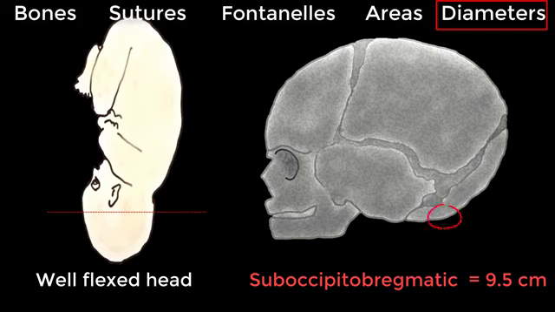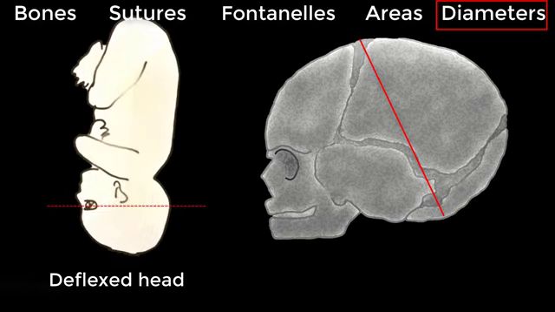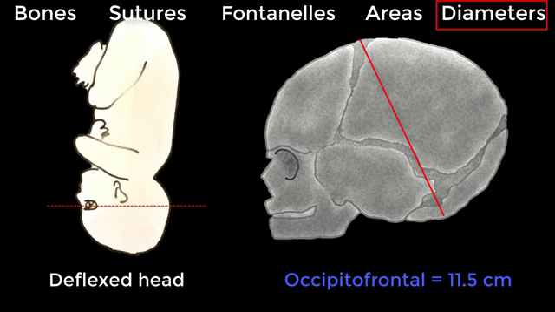It extends from the nape of the neck to the center of the bregma and measures 9.5 centimeters. With deflexed head, the presenting diameter is occipito-frontal, which extends from the occipital eminence to the root of the nose, and it measures 11.5 centimeters.